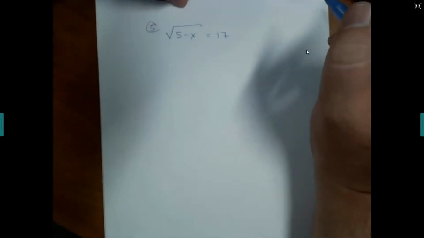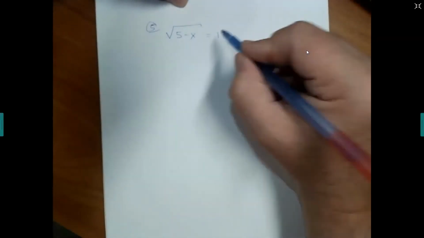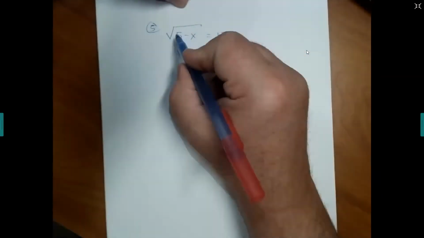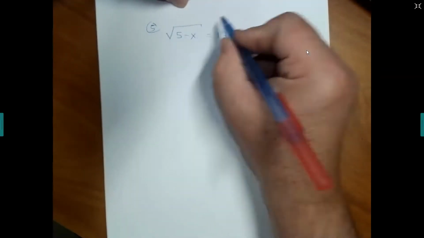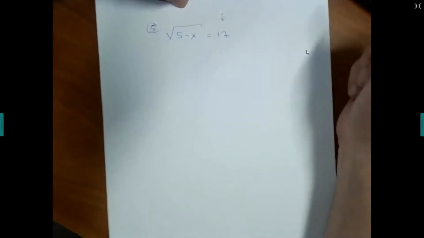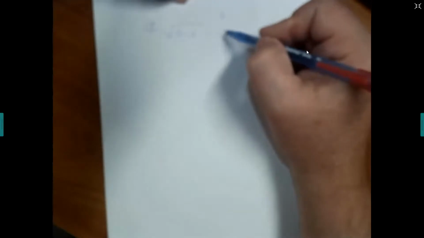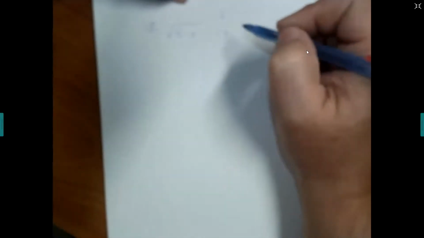Well, first off, you check, is this a valid question? Since it's a square root, since it's an even root, is the answer positive? Yes. If it was negative, you couldn't go any further. You're done. It's imaginary. You can't graph it. You can't do anything. So square roots, or even roots, have to equal something positive.